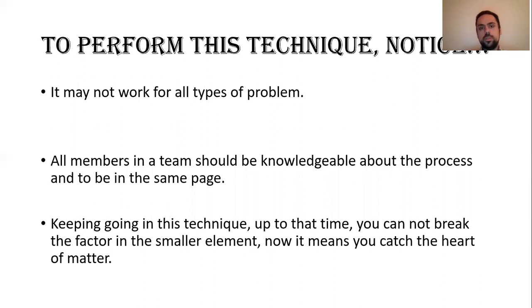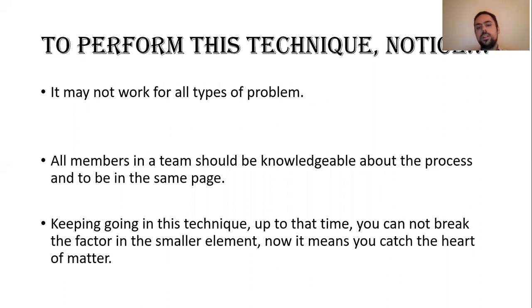The second point: when we want to create a team to work on the problem, we should be sure all of the team members are knowledgeable and everyone is on the same page. Third point: we should keep going with the 5 why technique so as to catch the main root of the problem.